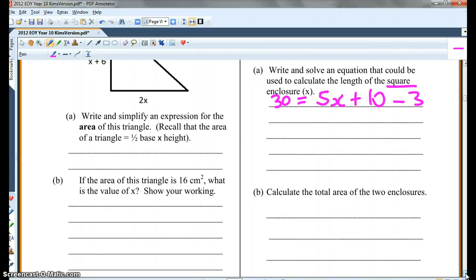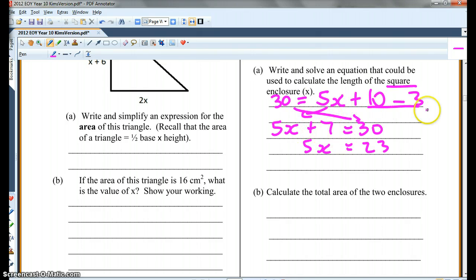Okay, so let's then write and solve. So I've written, now I need to solve it. So to solve it, I'm going to go flicking it, 5x plus 7 equals 30, so 5x equals 23, because 10 minus 3 is 7, and I flicked it, that went to there and that went to there.